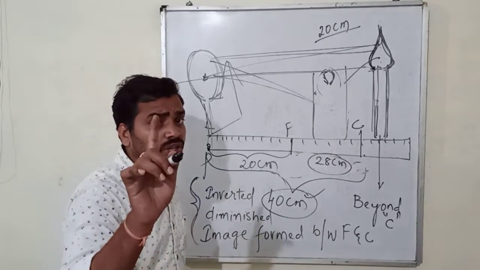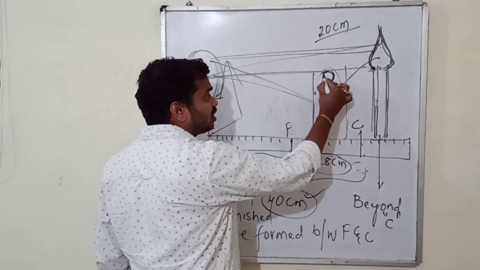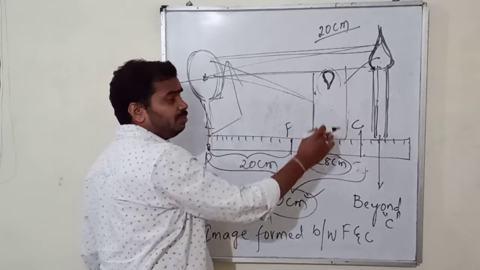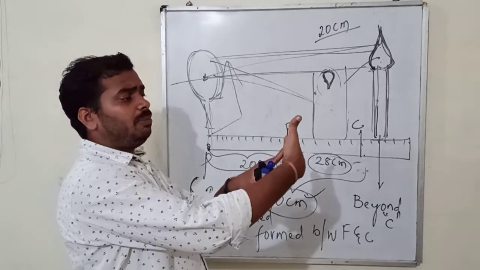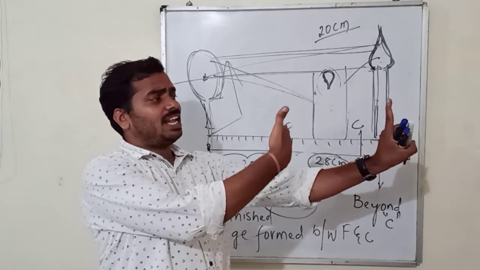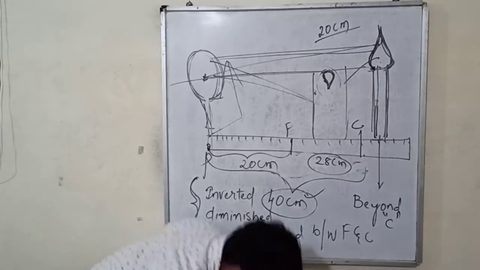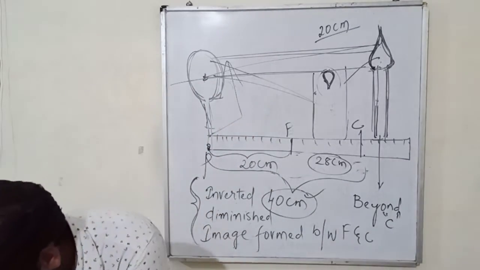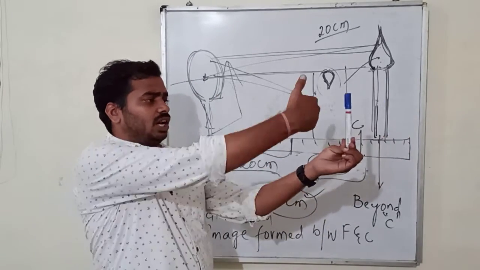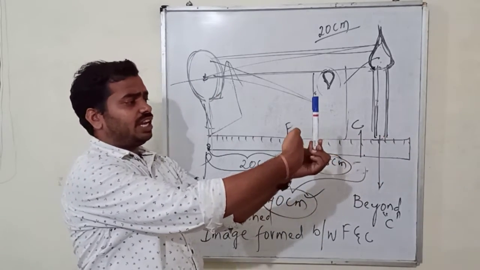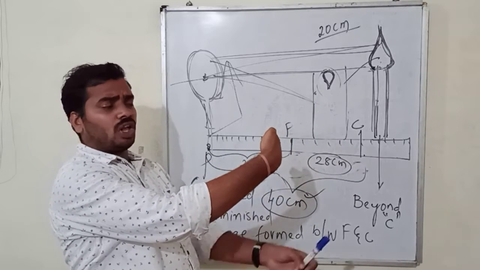There is one more nature of the image. If the image is captured upon the screen, if the image is visible on the screen as the paper moves, you are able to see the image on the paper. If the candle was placed somewhere over here and I started moving the screen like this, then I was able to see the image upon the screen.